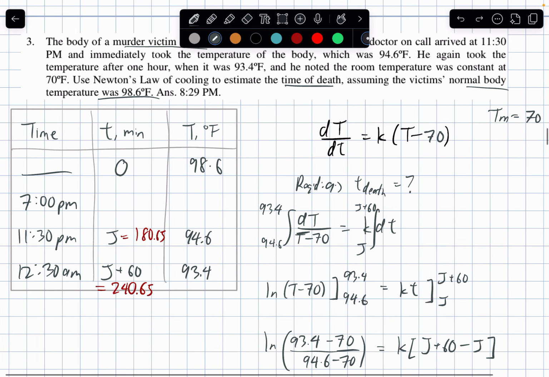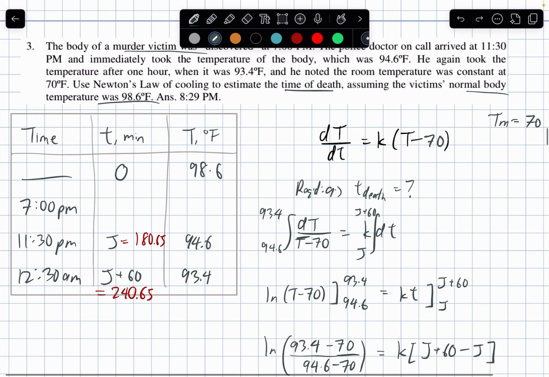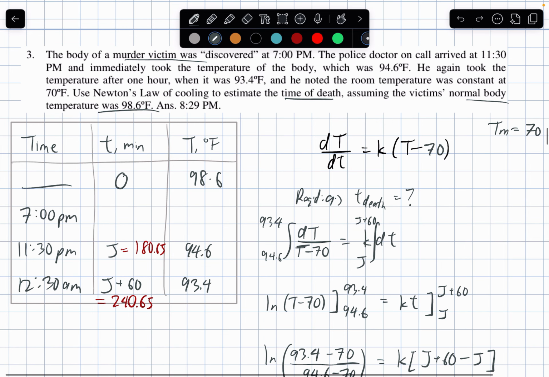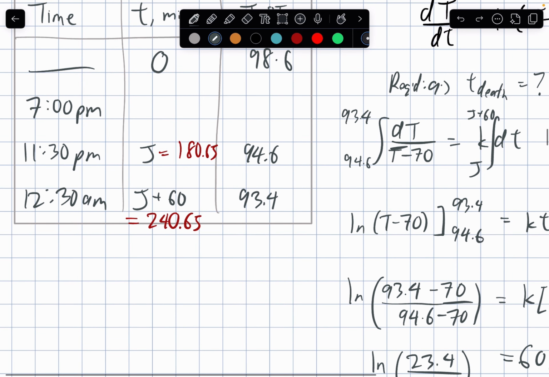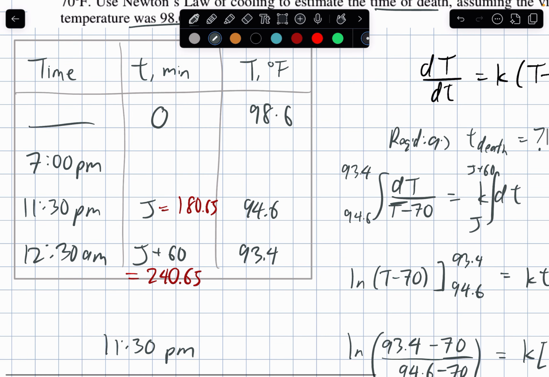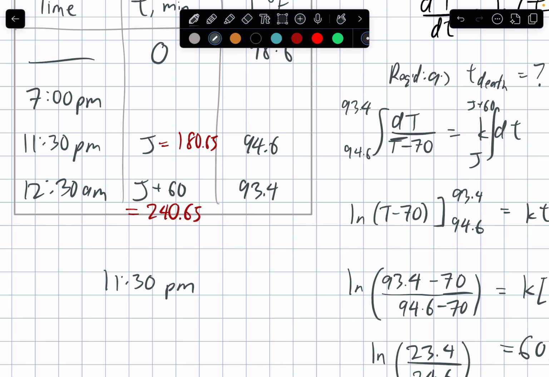So what do we do? 11:30 p.m. Using the J value, 180.65 minutes, let's approximate it as 181 minutes.